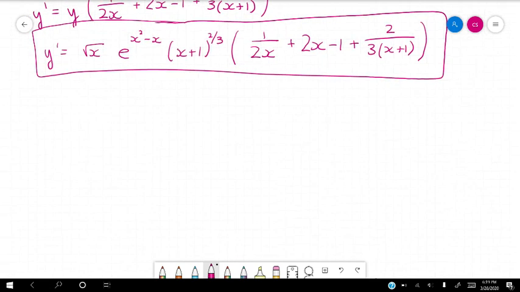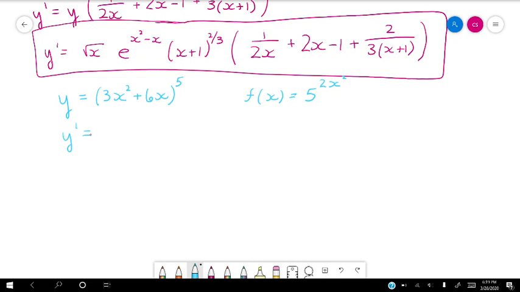Well, we've had some situations using exponents, and I kind of want to just remind ourselves of all of our exponential situations. We have the case where our base has a variable in it, but our exponent is just a constant. We have another case where our base is a constant, and now our exponent has the variable in it. So maybe something like this, okay? And we have different techniques. With the y prime, we have our exponent rule.